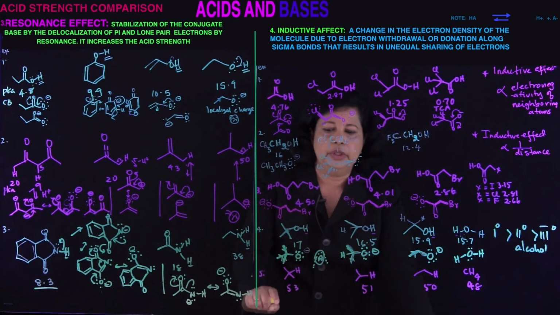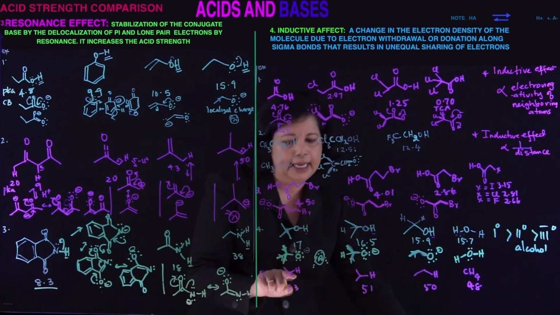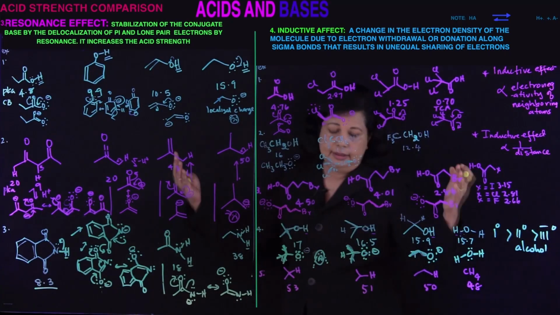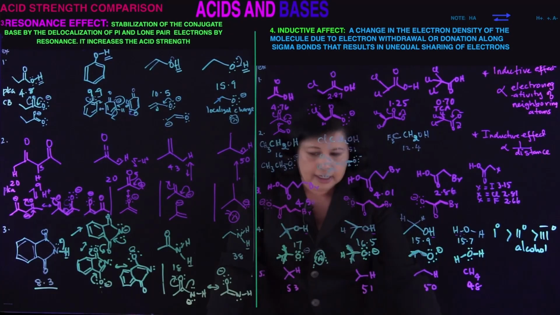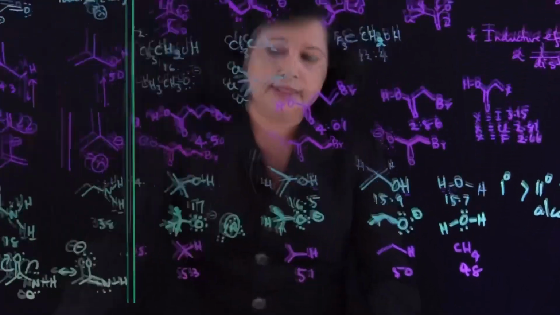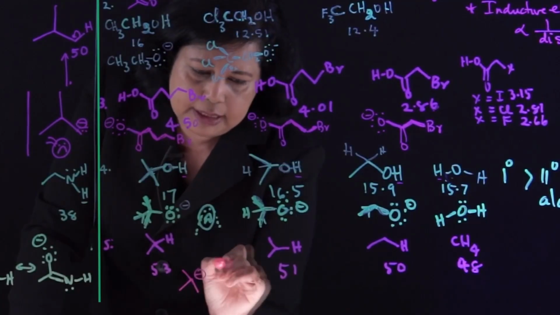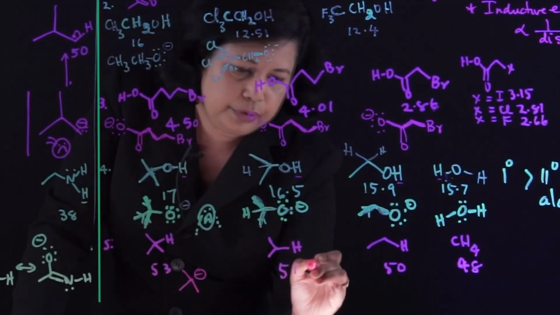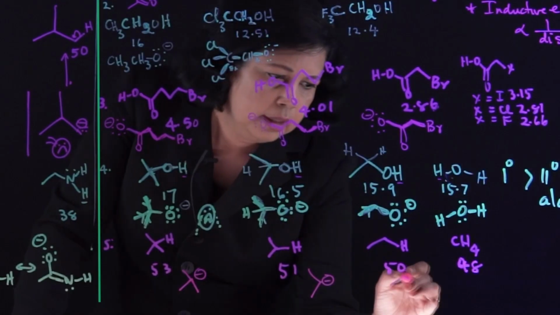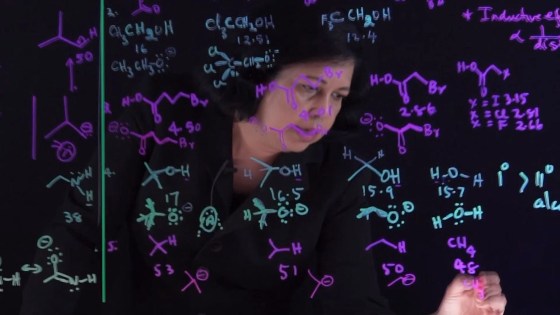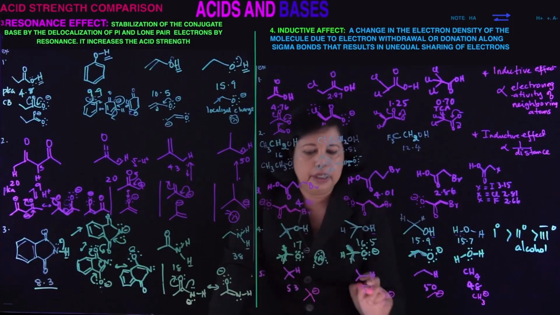It's the same when we talk about alkanes. Well, they're all alkanes, gasoline. Those are not really acidic. But again, everything's on a relative scale. Even these guys, they want to be stable too. But this anion, that's 53. This is 51. This is 50. And CH3 minus. So here, same thing.